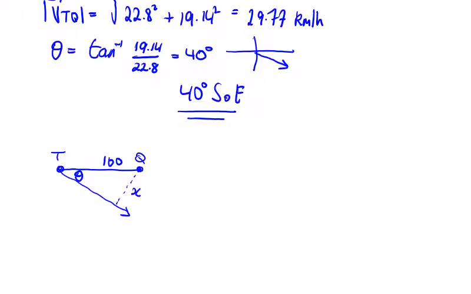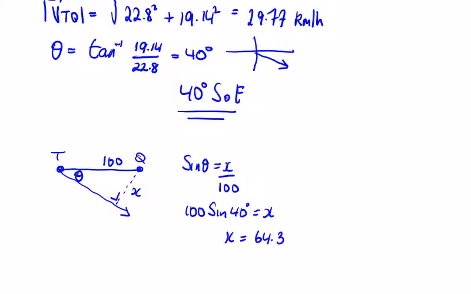So the sine of theta is equal to opposite over hypotenuse, so 100 sine 40 is equal to the shortest distance. So the shortest distance in this case is 64.3 kilometers.